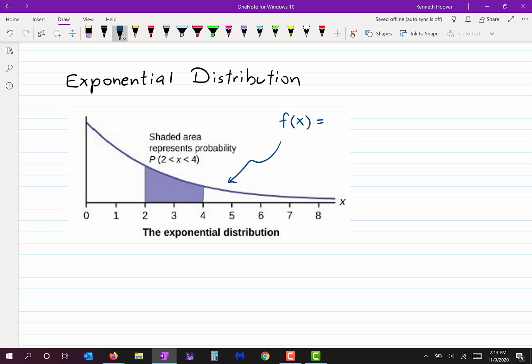Some number, we'll just call m, times e to the power negative m times x. This number m, which shows up in two places, is called the decay parameter.